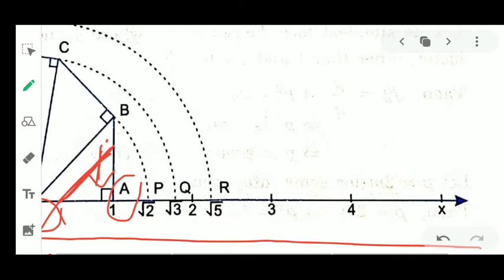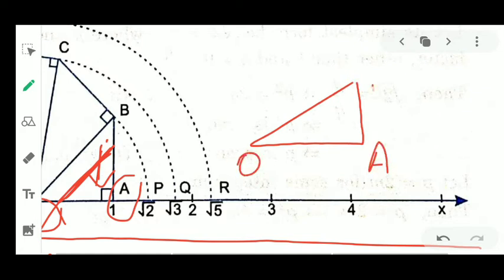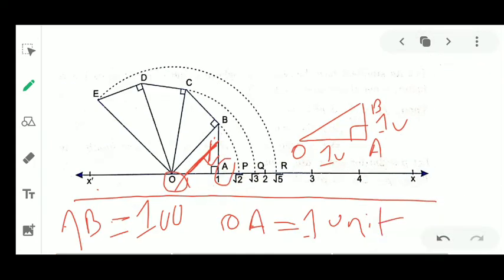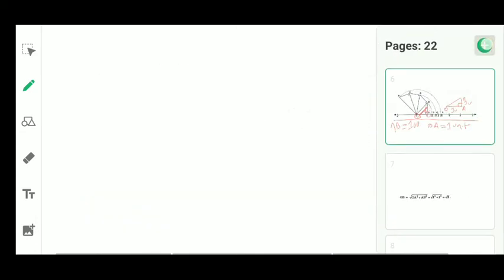Now we get a right angle triangle OAB, and here OA and AB are both 1 unit. Now according to the Pythagoras theorem, we already know h square equals p square plus b square.